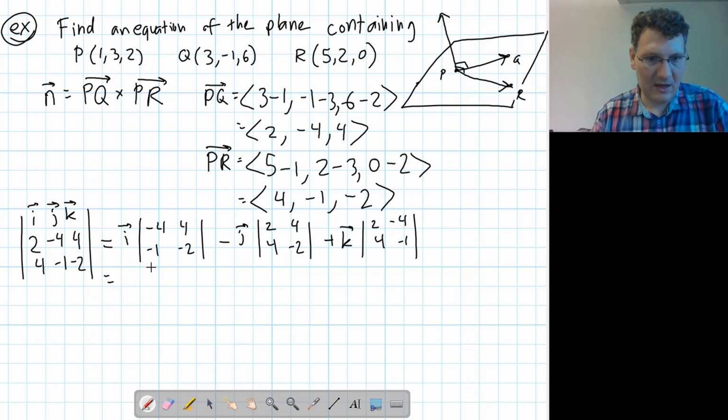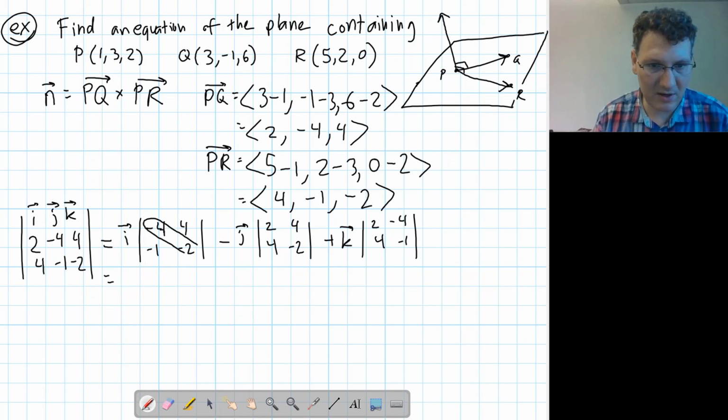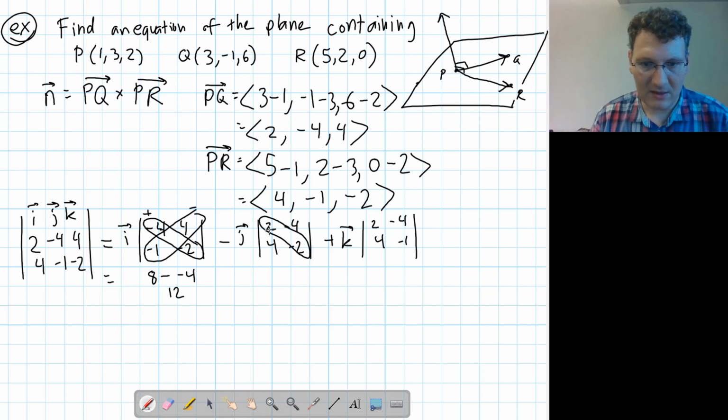Actually, I'm going to just multiply these out, and so we have negative 4 minus 2. So remember, it's this product minus that product. So that's going to be 8 minus negative 4. This is going to be a 12. We have 2 and minus 2, so this is my plus, and then we have minus, so 2 minus 2, that's minus 4, and then we have minus, that's 4 times negative 4, which is minus 16, minus negative 16.